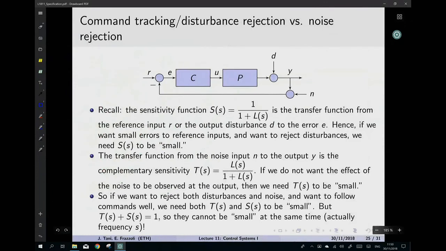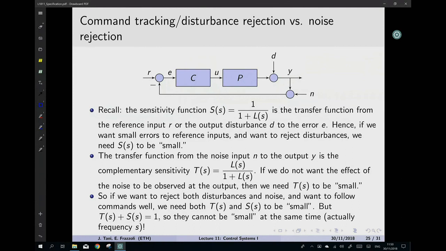So the next important concept is that instead of defining performances in the time domain, we define them in the frequency domain. So here we're thinking mostly about disturbance rejection and noise attenuation. So always think of noise as something that is high frequency, bigger than 100 hertz, for example, and disturbances as something that is low frequency, so up to 10 hertz, for example.